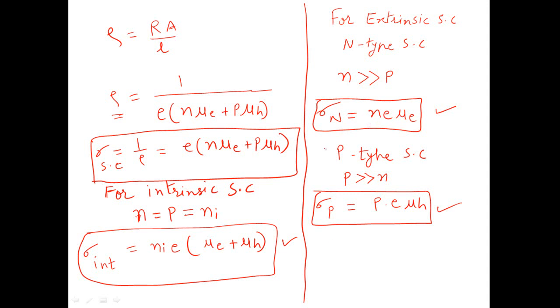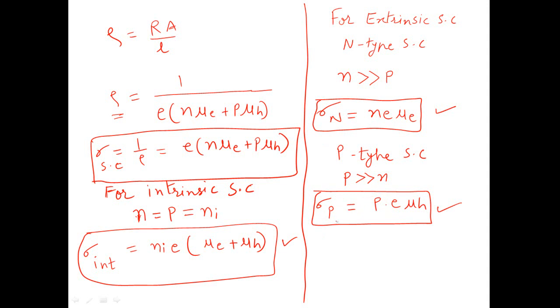Or if you are provided with the conductivity or resistivity of a p-type semiconductor, and you are given the mobility of holes, then knowing the charge of the electron, you can calculate the hole density, that is the number of holes present in the p-type semiconductor.